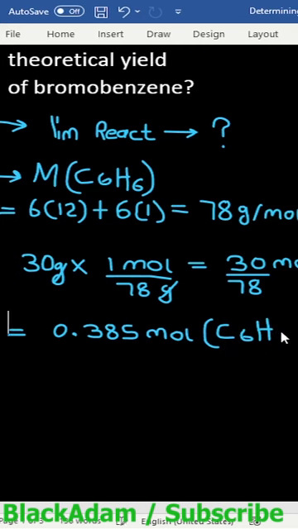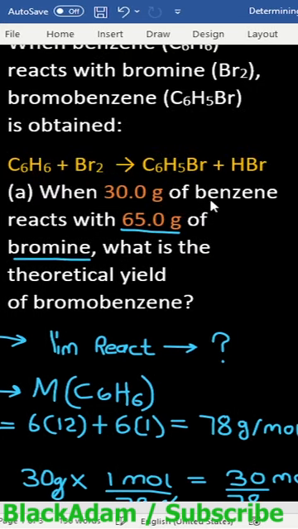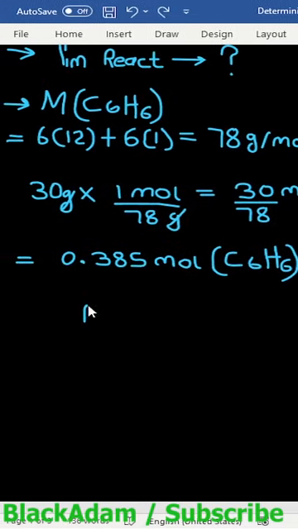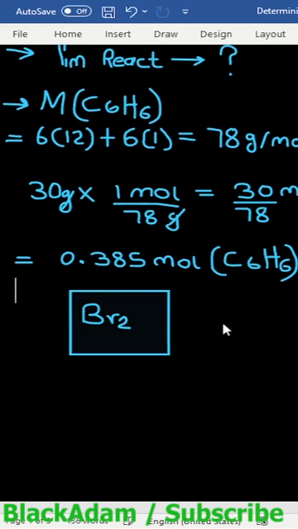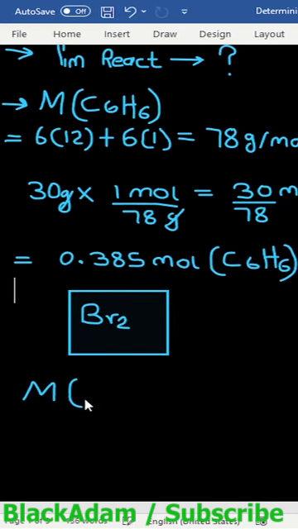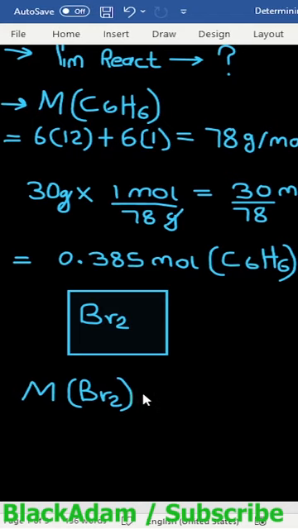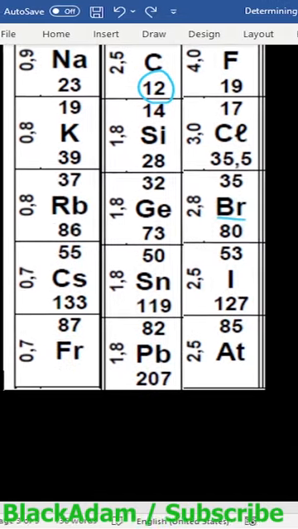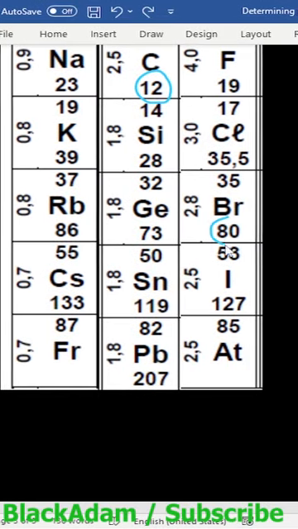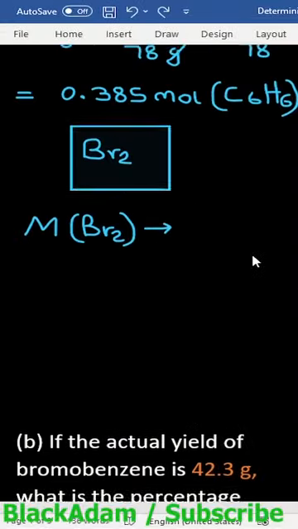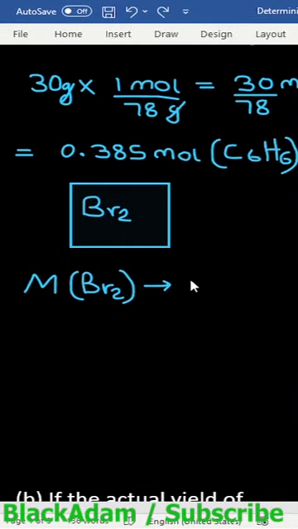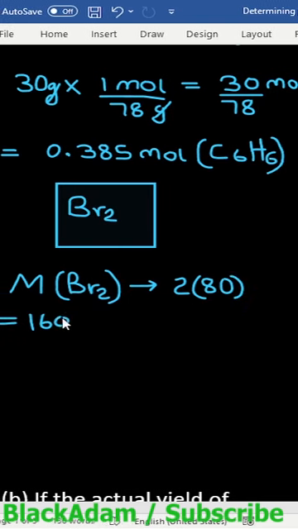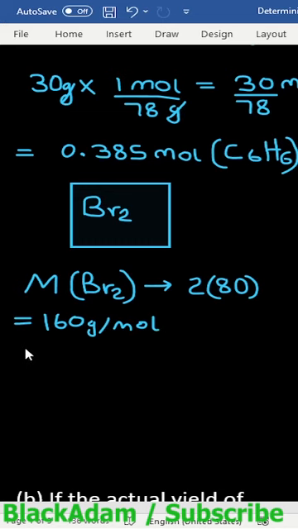That is C6H6. Next we find the given amount, 65 gram of bromine. Let us find the molar mass first. For bromine, Br, 2 of them, the molar mass of bromine is 80 per mole, so we have 2 times 80, giving us 160 gram per mole.